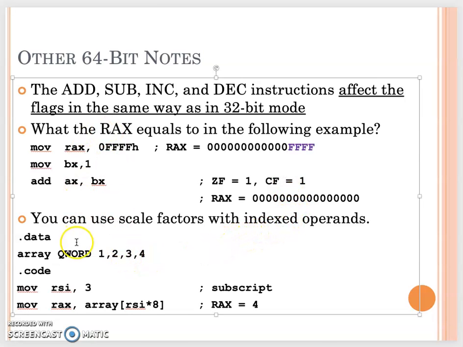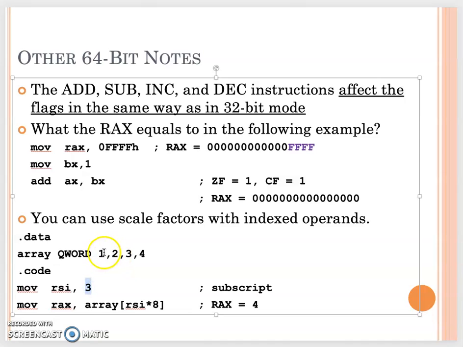And also the same thing, if you want to do the scaled indexed operand, they will work the same as in the 32-bit environment. So you have the quadword, so each element is 8 bytes. I want to access number 4, because we do the RSI subscript as 3.